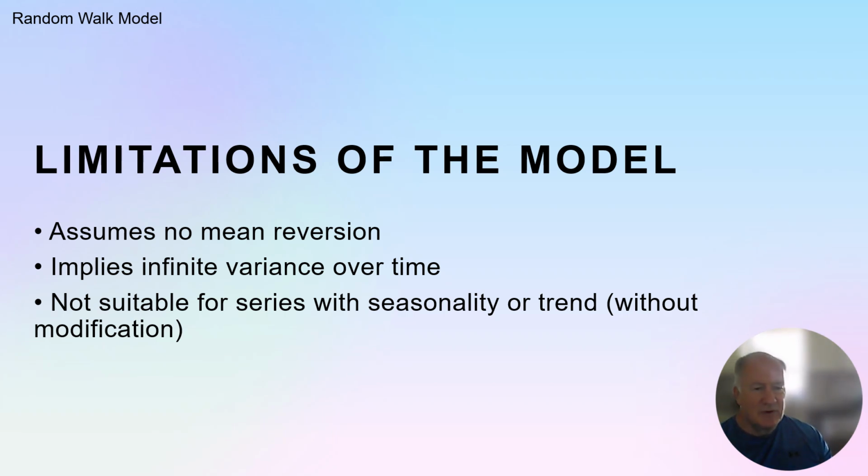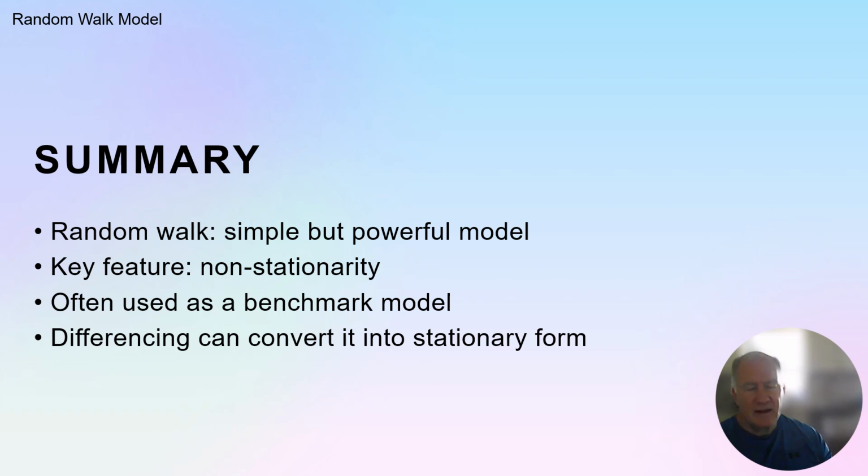So it's not suitable for series with seasonalities or trend without modifying it. So the random walk is a simple but powerful model, and its key features are that it's not stationary, it's often used in benchmark models, and differencing can convert it to a stationary form.